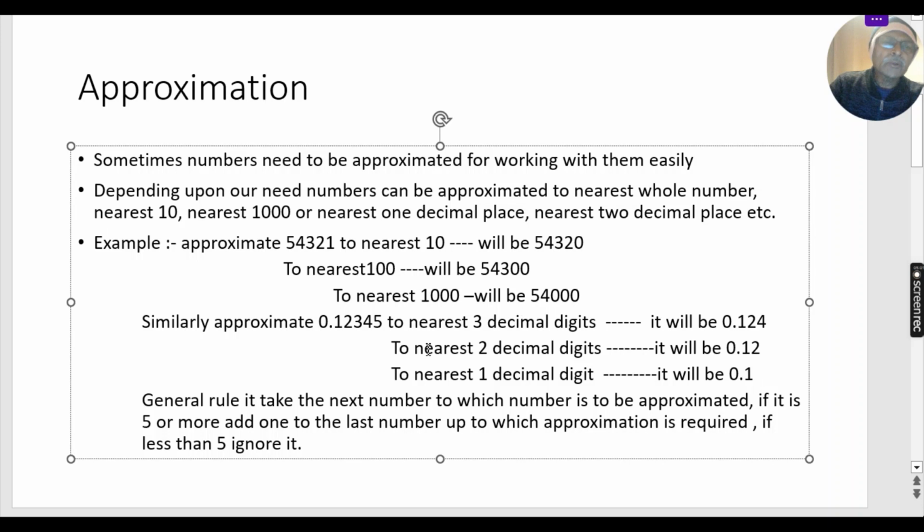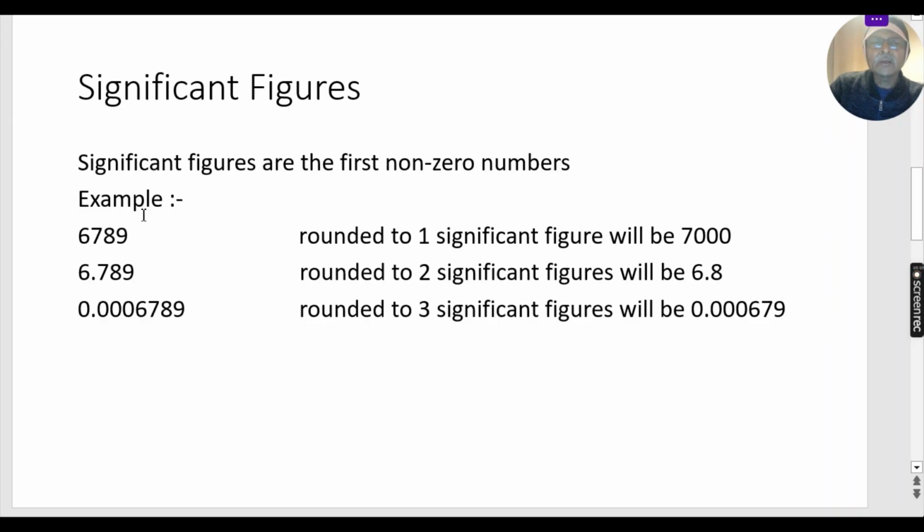Now there is another term called significant figures. What is a significant figure? Significant figures start from the first non-zero number. You will be more clear when I take an example. For example, I have a number 6789. We have to round it to one significant figure.